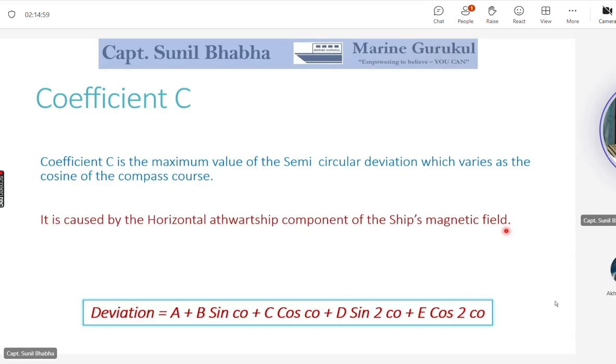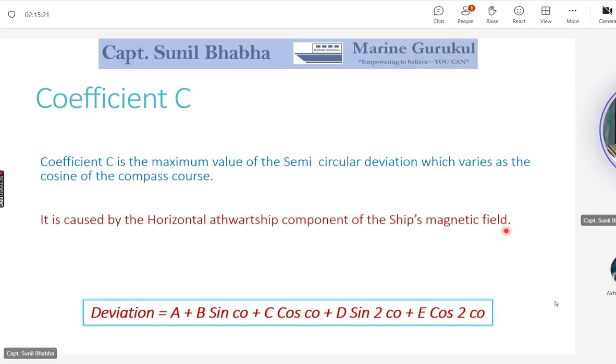Now, if you look at the definition carefully, you will realize that this definition is very similar to coefficient B. In fact, coefficient C has almost the same properties as we discussed in coefficient B, with only one difference.